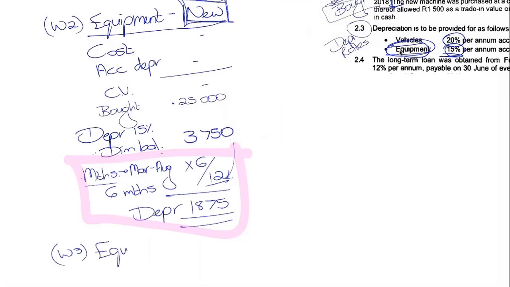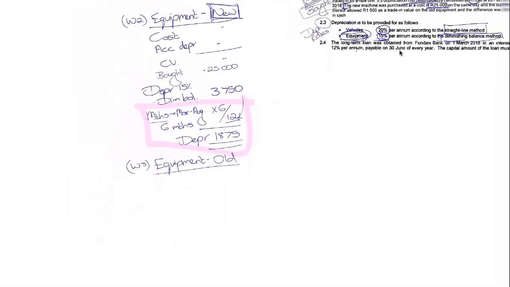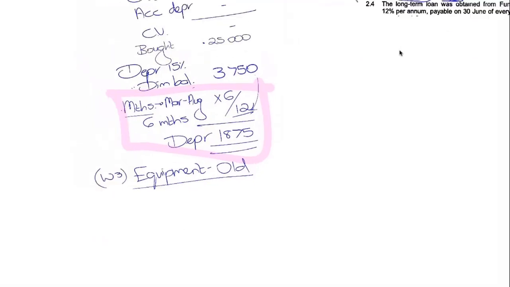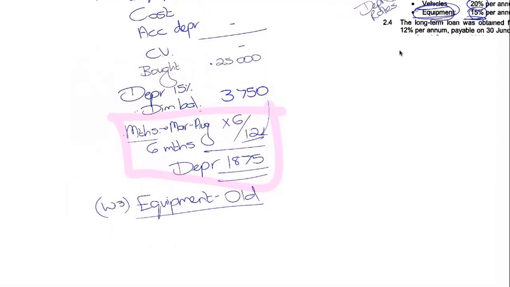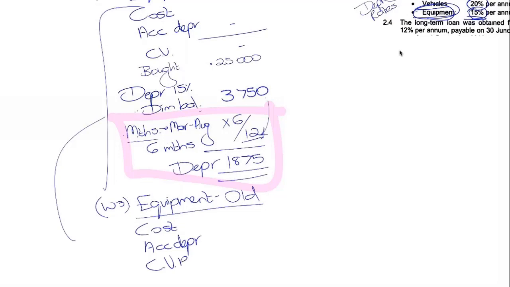equipment. And as I say, I name this old, and you can do this on your working papers. You can do this in your answers, and you see I'm going to use exactly the same format that I did here, which is cost, accumulated depreciation, and my carrying value at the beginning of year, so that I know what I'm dealing with.